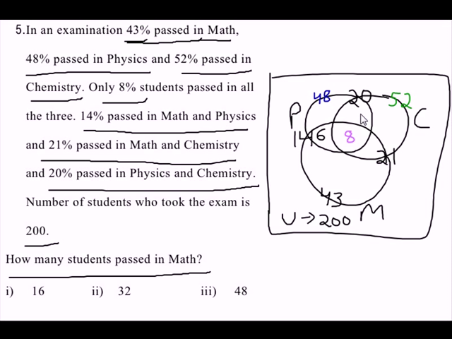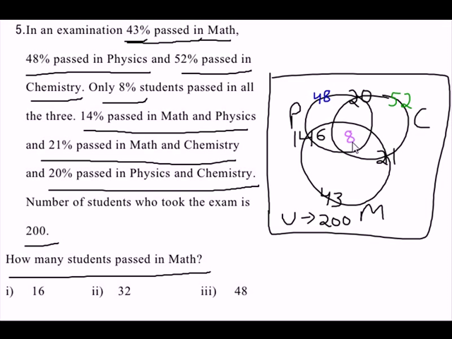It doesn't say how many of these 20 also passed in math, but we can derive the whole set of information by using this 8, which is stated in the question. Only 8% passed in all the 3.